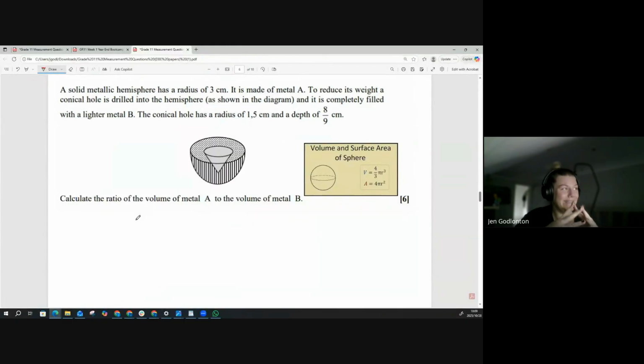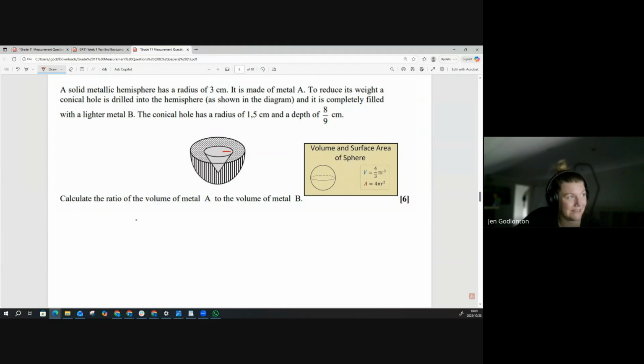A solid metallic hemisphere has a radius of 3 centimeters. It is made of metal A. To reduce its weight, a conical hole is drilled into the hemisphere, as you can see below, and is completely filled with a lighter metal B. The conical hole has a radius of 1,5 centimeters and a depth of 8/9 centimeters.